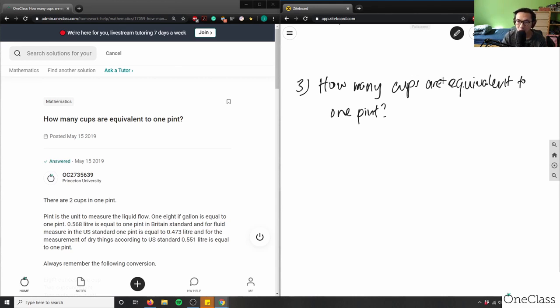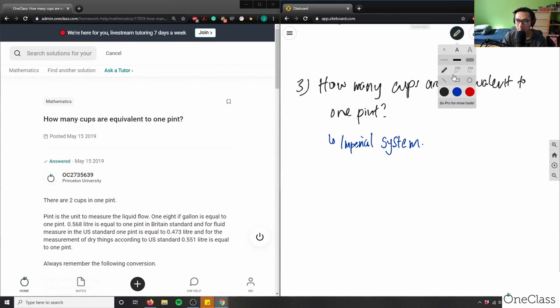How many cups are equivalent to a pint? What we're working with here is the imperial system, which most of our friends in the United States work with. So how many cups are equivalent to a pint?